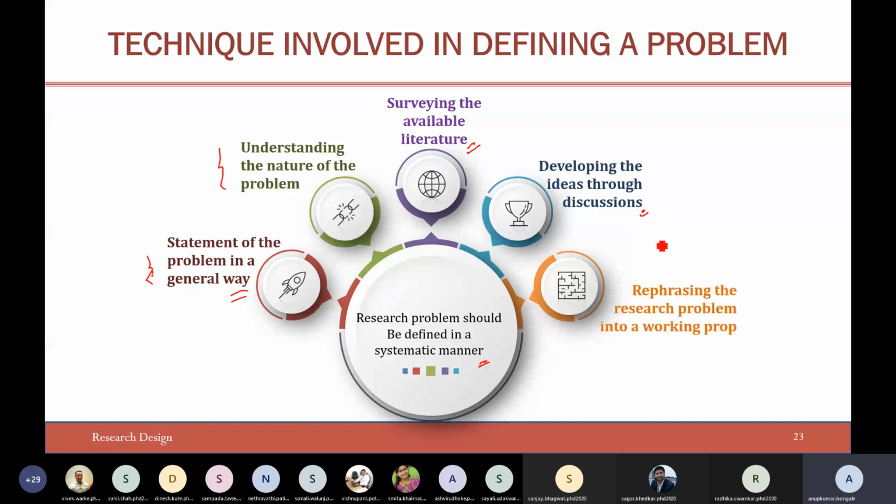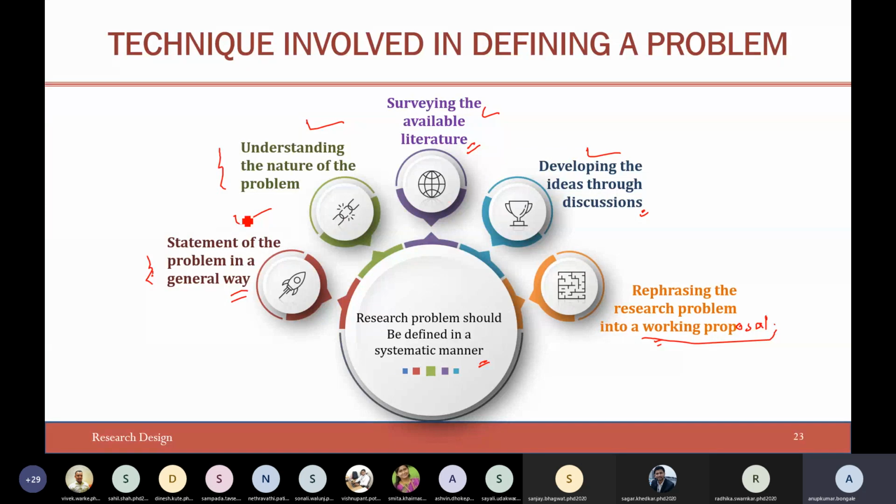And then finally, rephrase the research problem into a working proposal. Before writing your research proposal, you should have completed all these four phases.